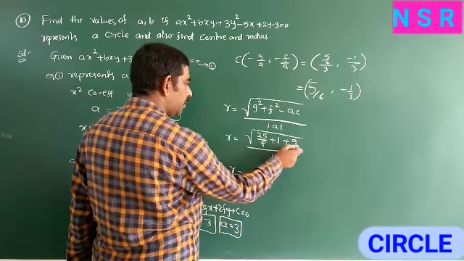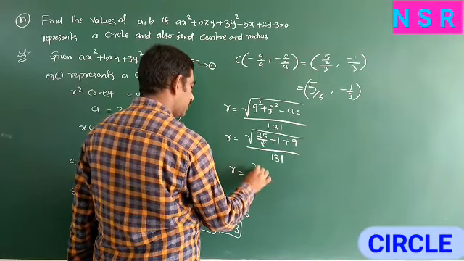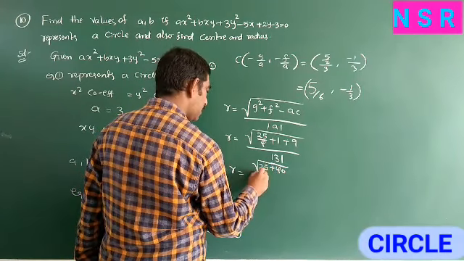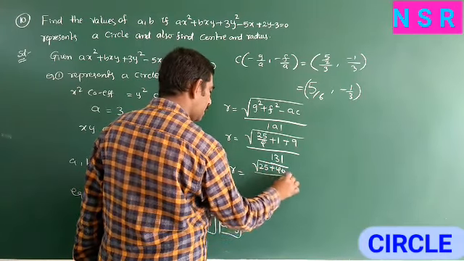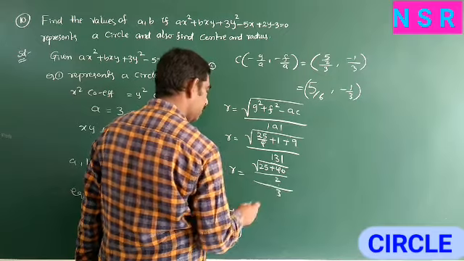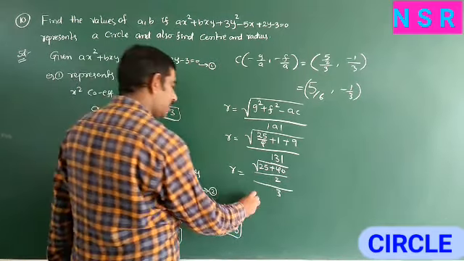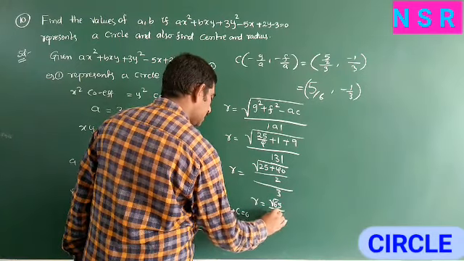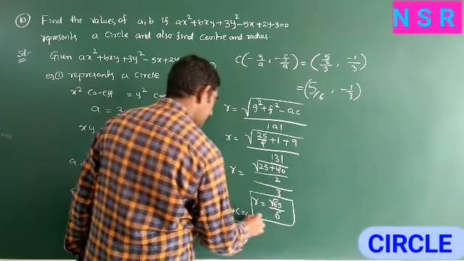Now r is equal to 9 plus 1, 10, 10 4s are 40. So root of 25 plus 40 by root 4, value 2, by mod 3, value 3. So 25 plus 40, root 65, by 2 3s are 6. Now this is radius value.